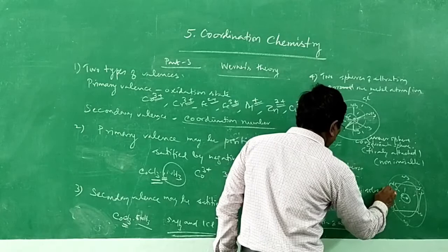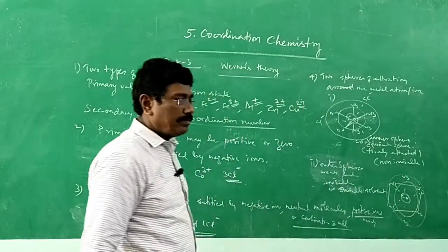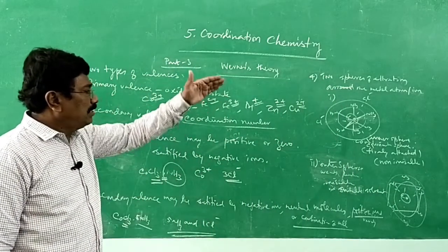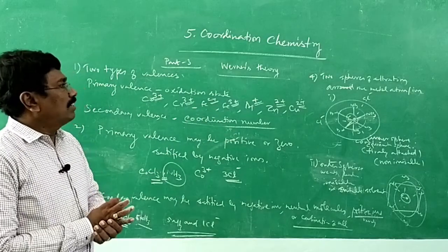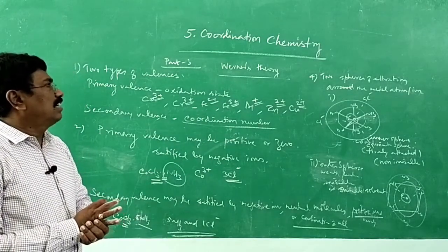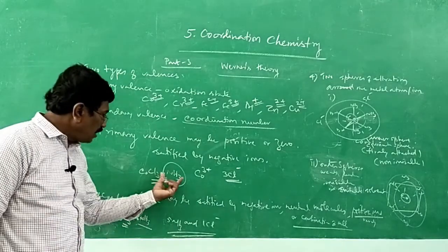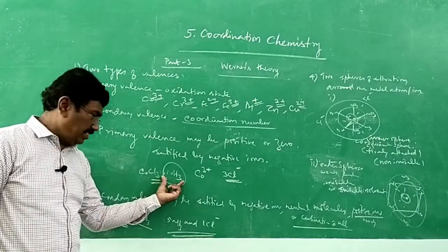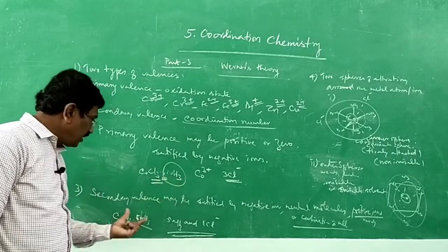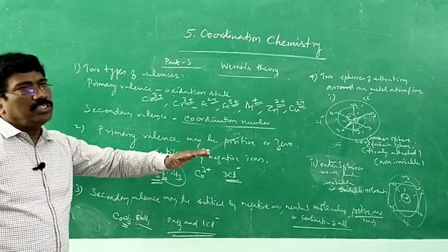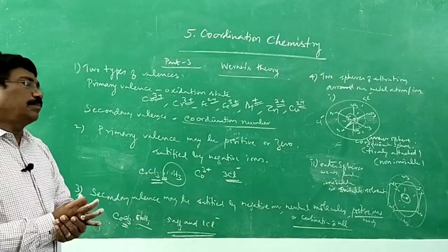So that is about ionizable and non-ionizable valences: two spheres, inner sphere and outer sphere. The inner sphere comprises the ligands which are not ionizable, and the outer sphere is not tightly held, ionizable.